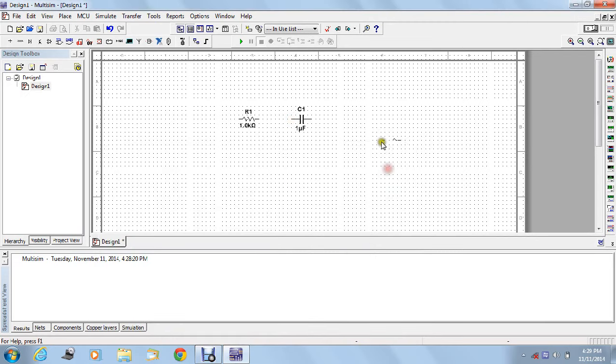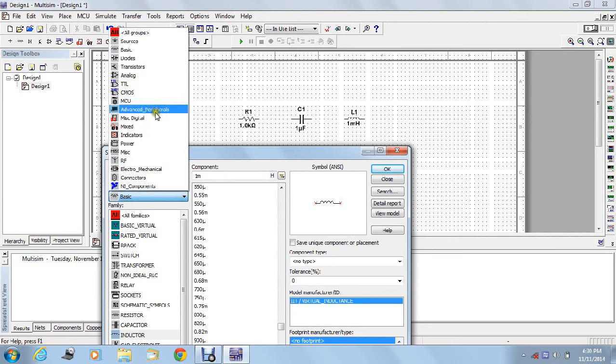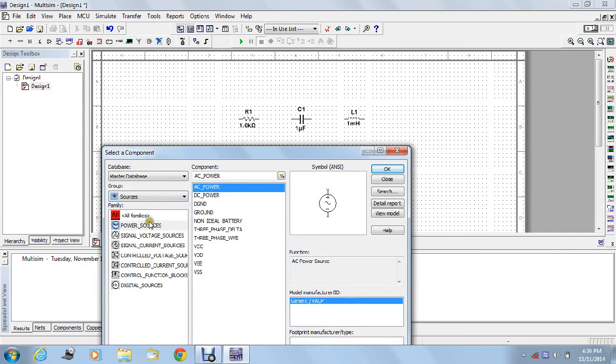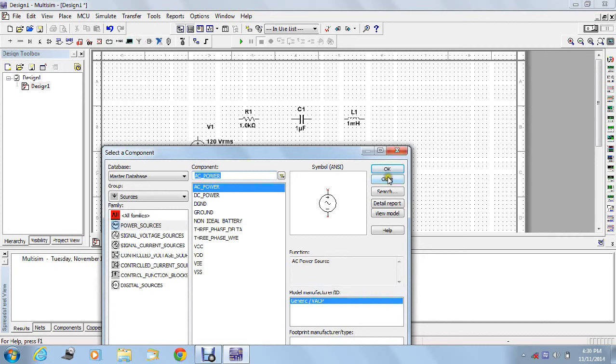Click on OK. And the main thing, we require a power source. So in basic sources, power source, the AC power voltage source is there. Click OK. Close this window.